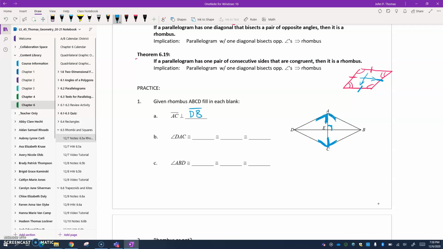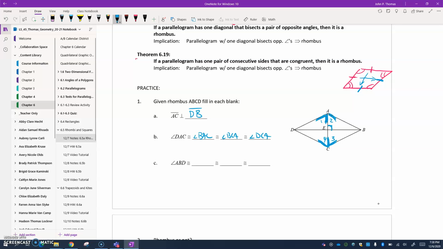So they told me DAC, so I'm going to go angle BAC next, so the first one, second one. Then I'm going to go to BCA, which would be the third one here. And then I'm going to go to DCA, which would give me the 4th one right there.